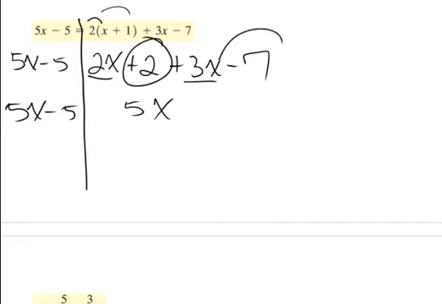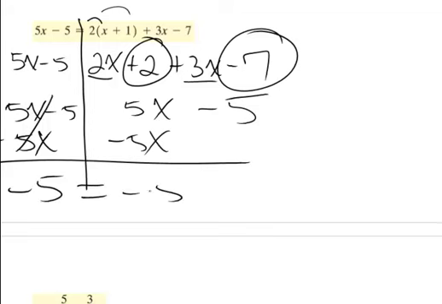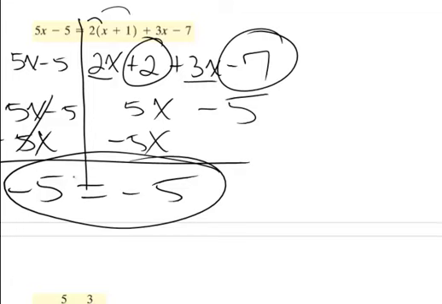A plus 2 and a minus 7 is a minus 5. If I go ahead and subtract 5x on both sides, I'm left with a negative 5 equals another negative 5. Again, all my variables cancel out, but I get something that makes sense, like negative 5 equals negative 5. So again, my answer is all real numbers.